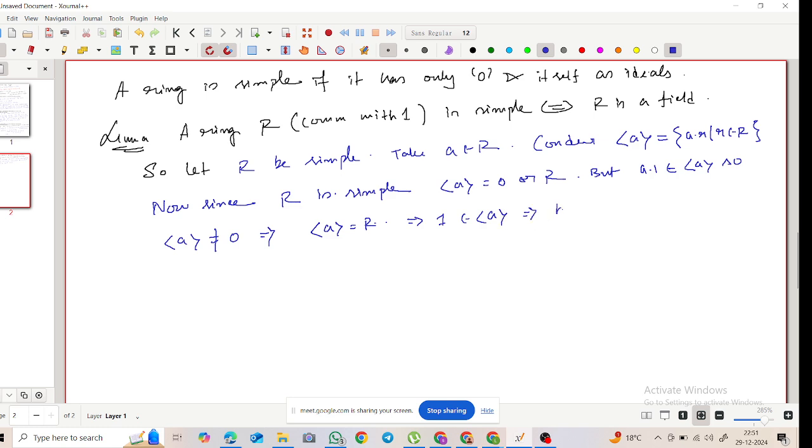So there exists b belonging to R such that a times b is 1. So this b is the inverse. So a is invertible. And for the other part, let R be a field.